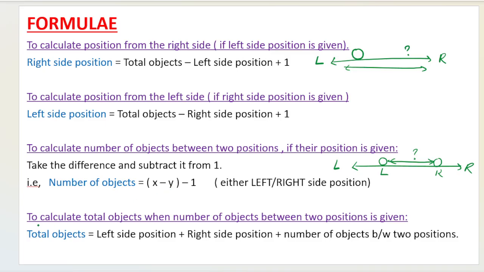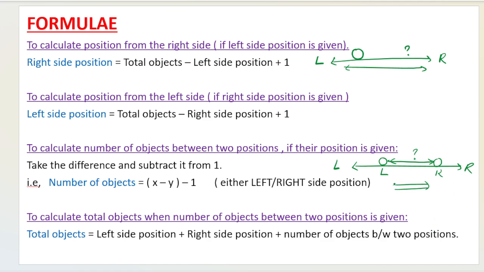Okay. And the last formula is to calculate the total objects when number of objects between two positions is given. That is, total objects is equal to left side position plus right side position plus number of objects between the two positions.